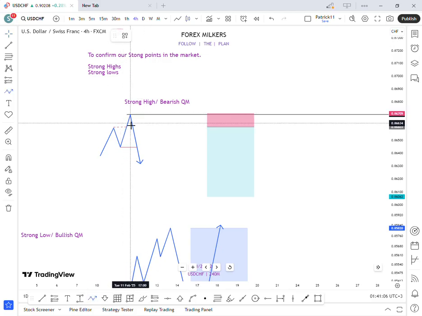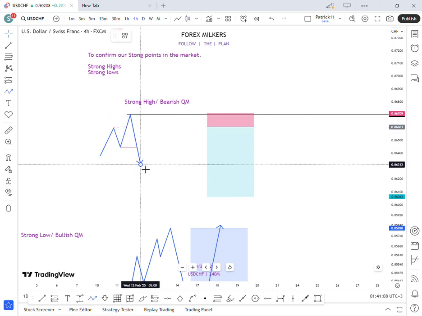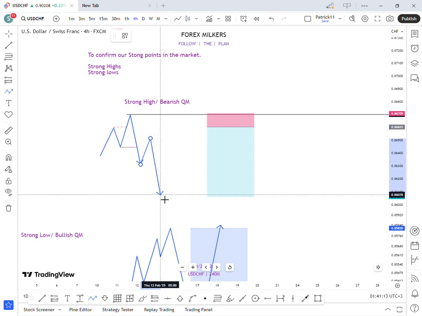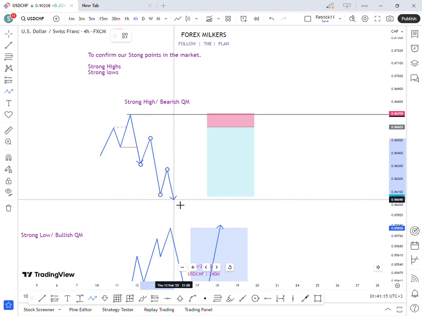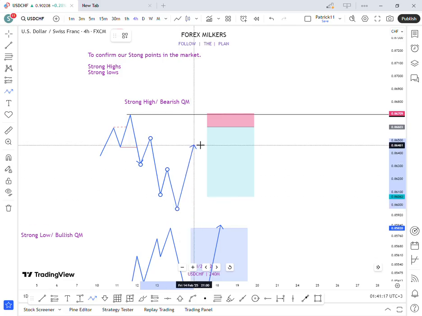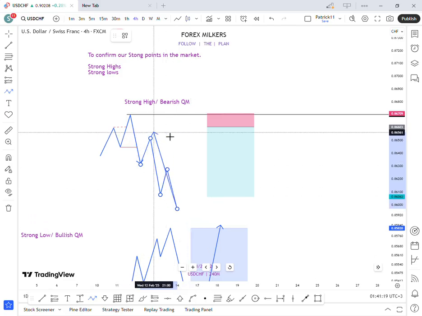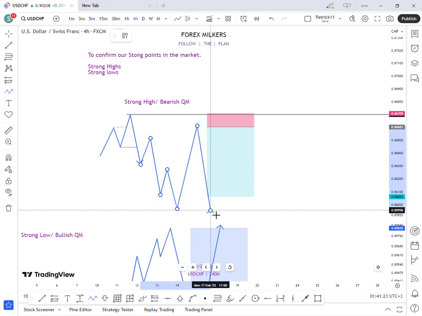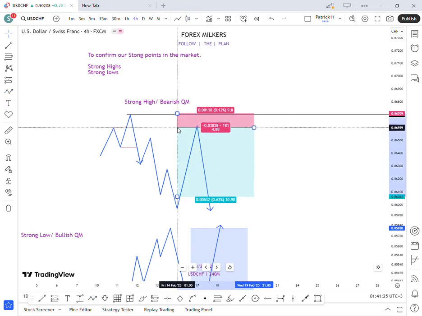If price gave you a strong high and we got this as the pullback and a continuation to the downside, so you can expect price to come back, take out this high, so you can be able to sell something like this.